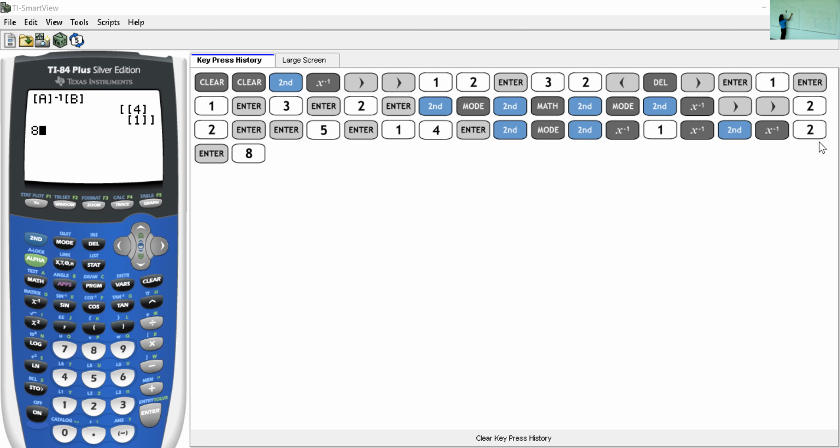Left hand side is 5, right hand side is 5, but it must satisfy both equations. So plug in 4 and 1 in the second equation. 3 times 4, 12, 2 times 1, 2.